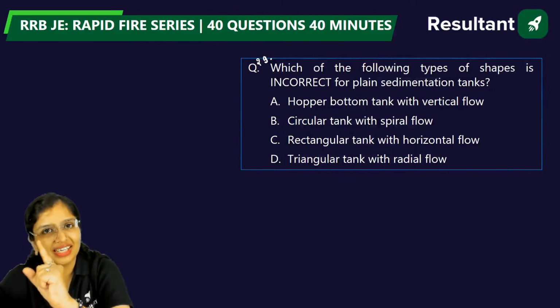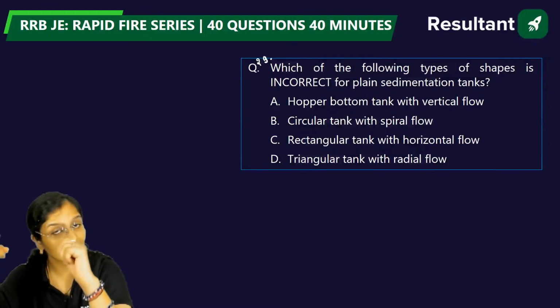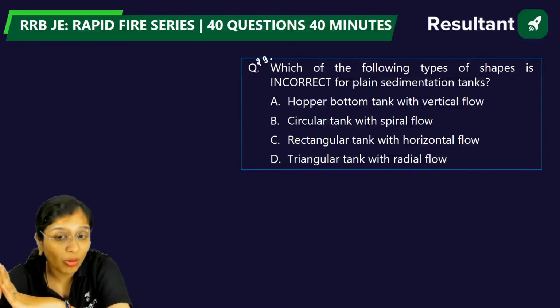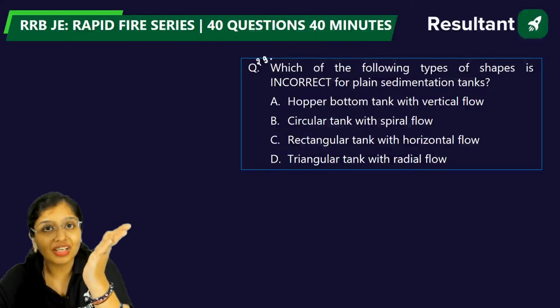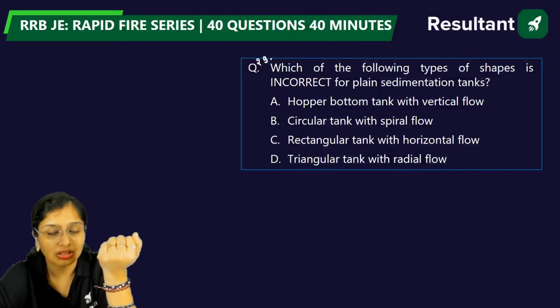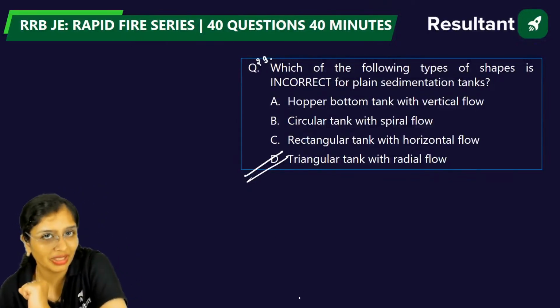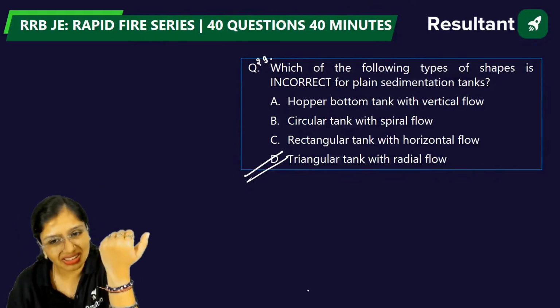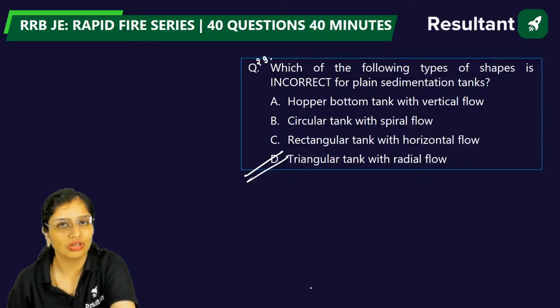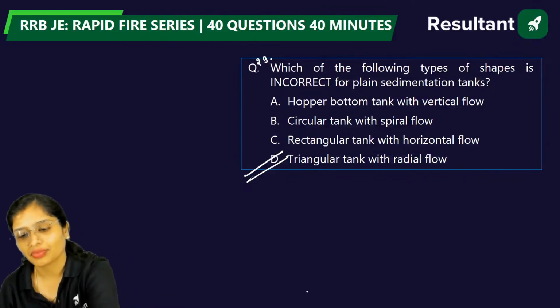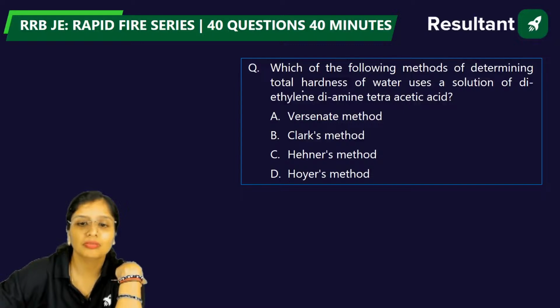We have studied rectangular tank, we have studied circular tank, we have studied hopper bottom tank, but never have we studied triangular tanks. Okay, so triangular tanks with radial flow is the incorrect type of plain sedimentation tank because you won't see this. Okay, now question number 30.